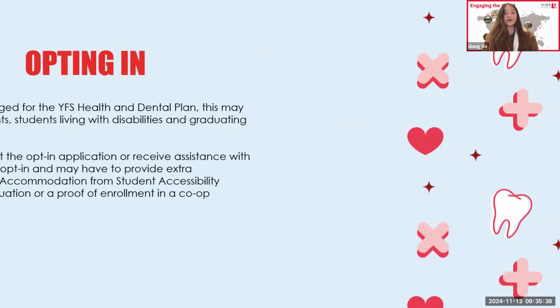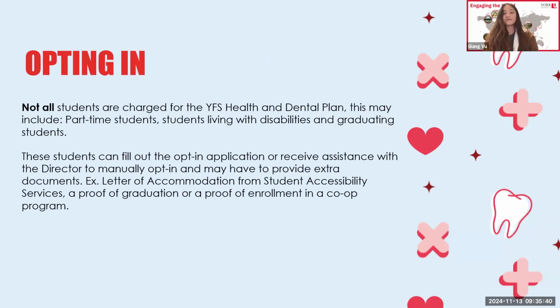As I mentioned before, students that are enrolling for 15 or more credits are automatically charged through their student account. There are situations when they're not automatically charged, and that's just because they could be part-time students that enroll in under 15 credits. There are students that are registered with accessibility services, or graduate students or students with co-op.